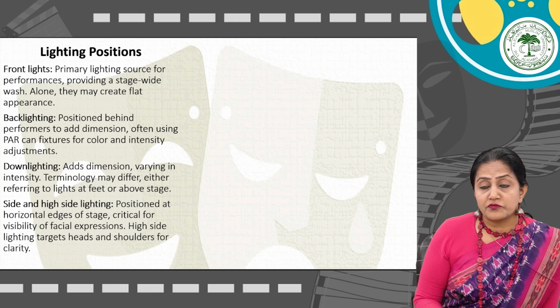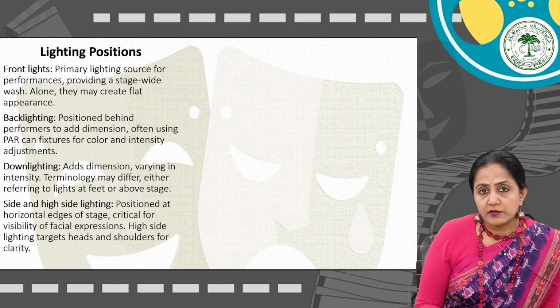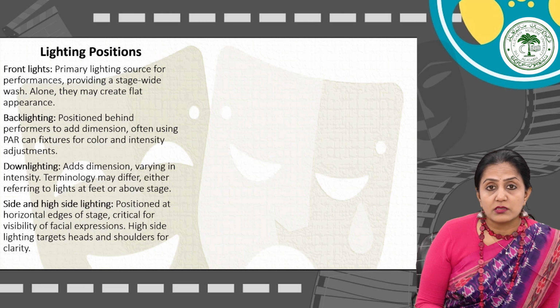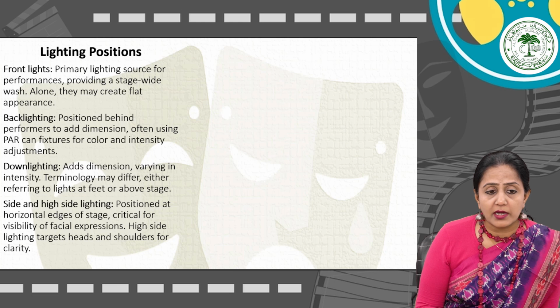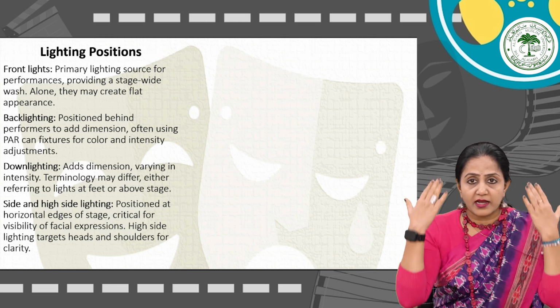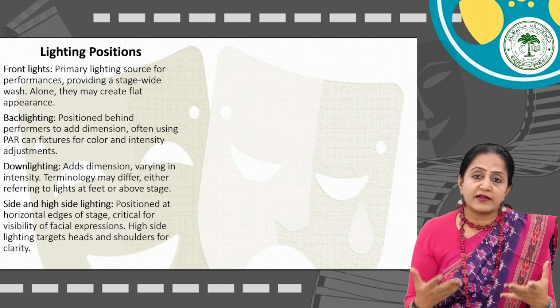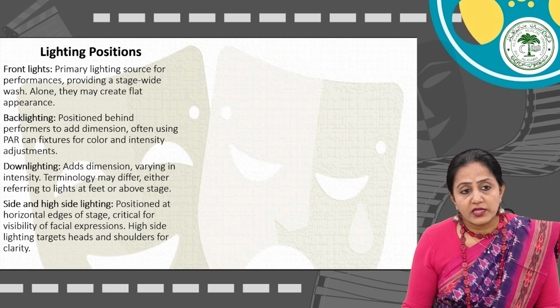And it's very useful for emotional scenes when you want the audience to look at the face of the characters when there is a certain intense scene, romantic, angry, serious. High side lighting targets heads and shoulders for clarity. It highlights the heads and shoulders of the performers, and this creates clarity on the stage for the audience.